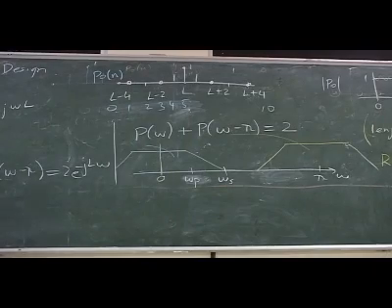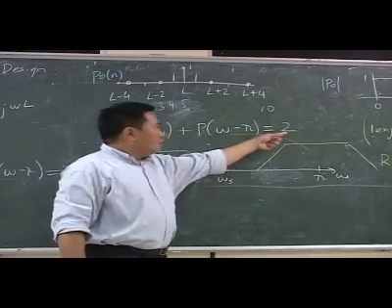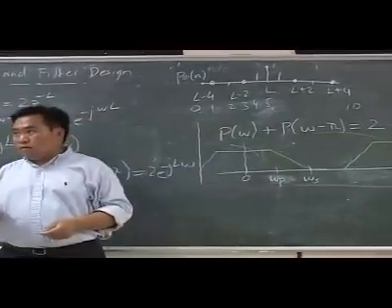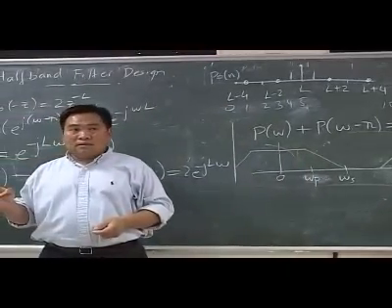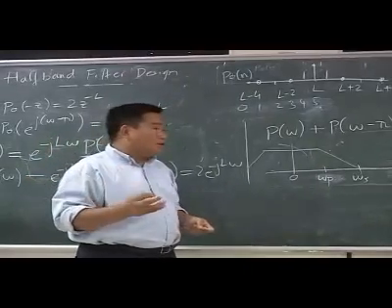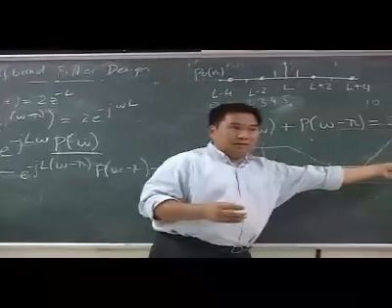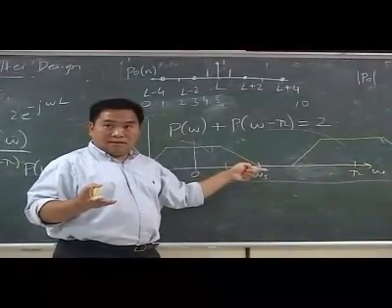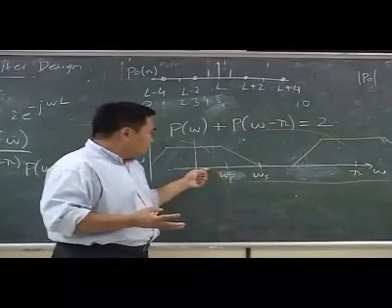The sum has to be a constant for all frequency. This is a very strong condition for all frequency. One frequency is easy, but all frequency is very, very hard to do because the number of omega is infinite. I mean, omega is 0 to 2 pi.